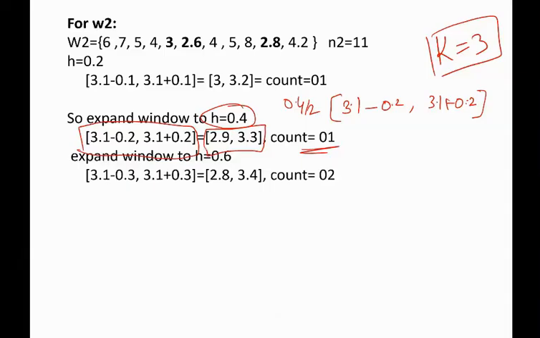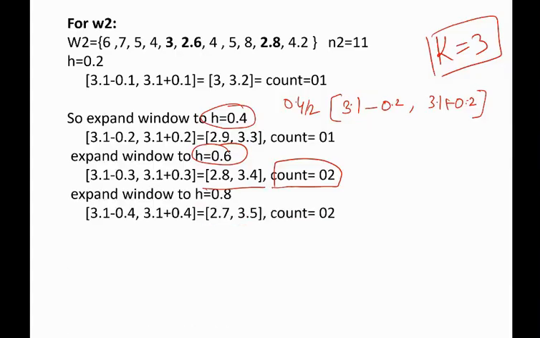Then I increase the window size further. Now it is 0.6, so I am increasing in steps of 0.2. Then I find the new limits. Now the count has gone to 2, still not the count that I am in search of. So I increase h further.